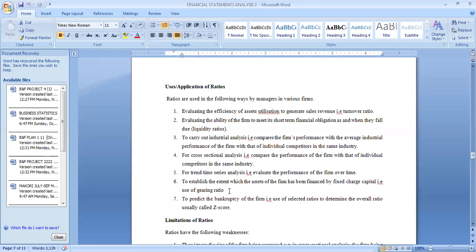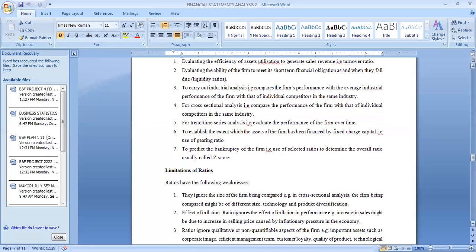But if you find the opposite is true, then the business will be suffering from insolvency, where they are not able to continue operating in future. And also through ratios, you can predict things like the bankruptcy of the business.